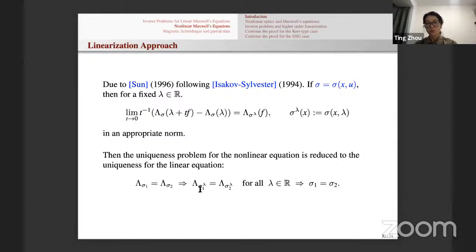And this gives you sigma 1 of lambda equals sigma 2 of lambda for all lambda, and that means sigma 1 has to be equal to sigma 2. So that's the proof for this case. The whole thing is to introduce this linearization approach, that you take this Fréchet derivative of your DN map. Okay.